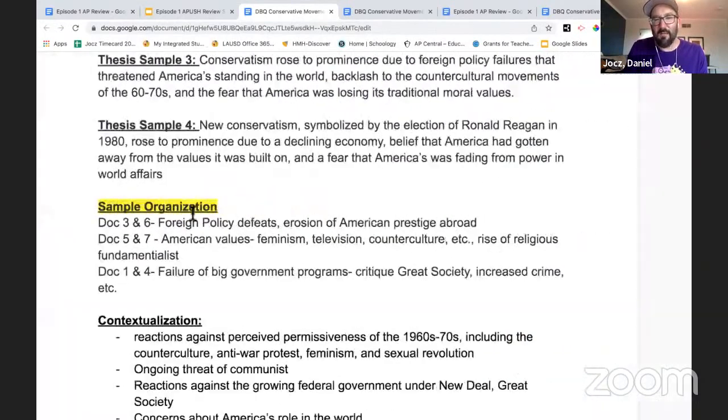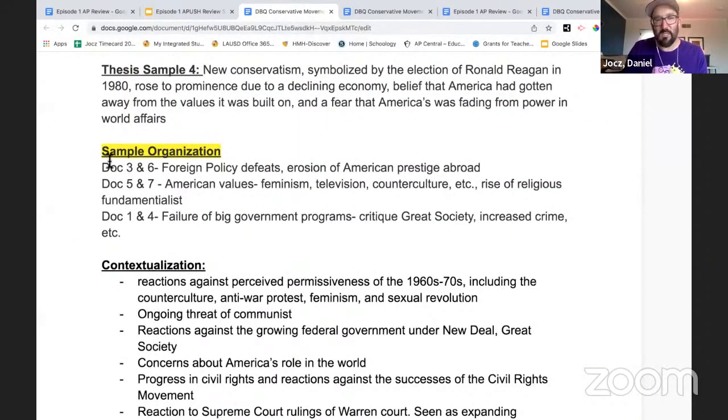If we're looking at arguments or organization, we didn't look at document 3 or 6, but they deal with foreign policy defeats and criticisms about America's foreign policy, this feeling that America was not on top of its game as it once was. Documents 5 and 7 are talking about American values, and these are some of the areas where conservatives tended to criticize those other movements.